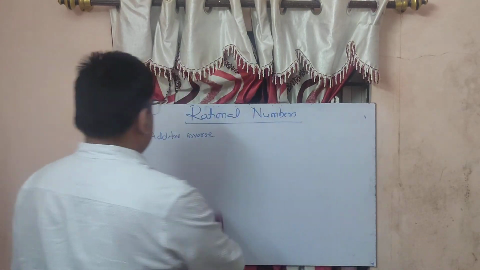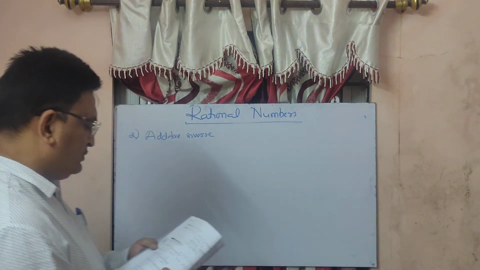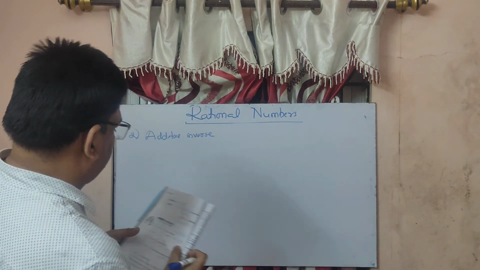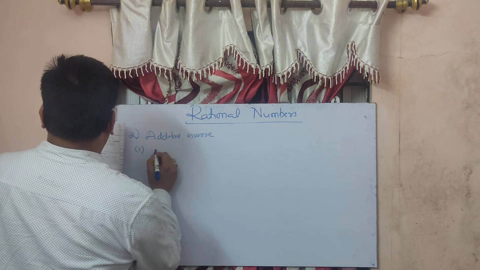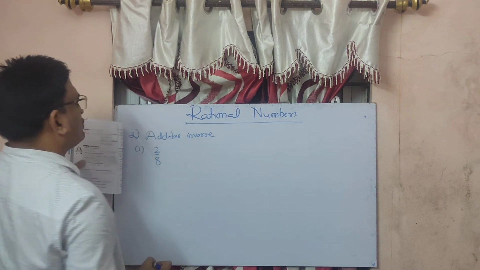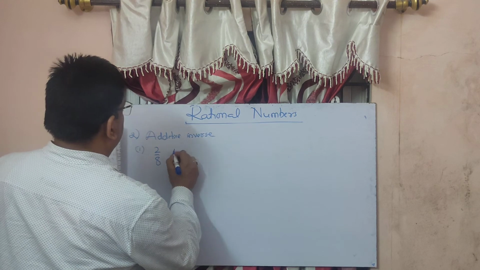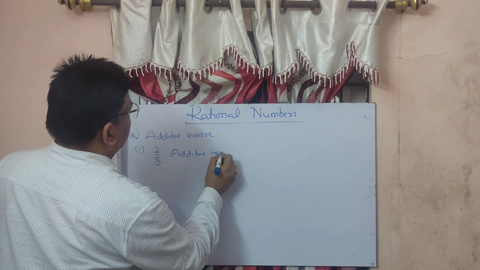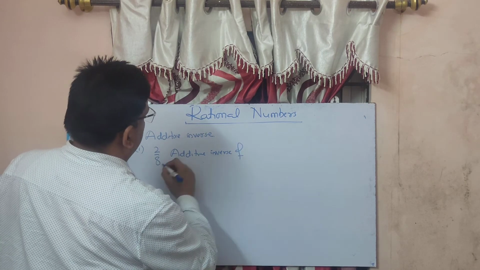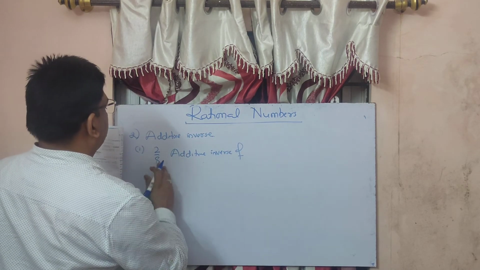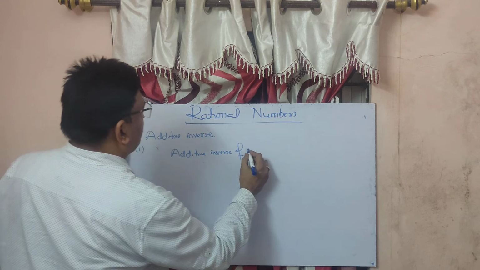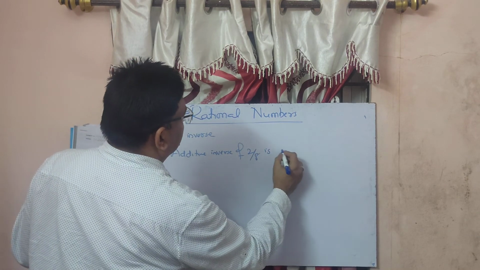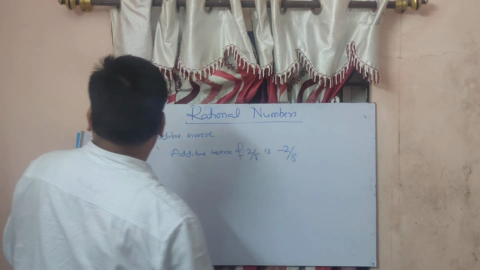So now, write the additive inverse of each of the following. The first one, what is the additive inverse of 2 upon 8? Minus 2 upon 8.